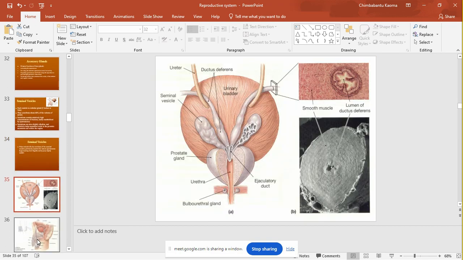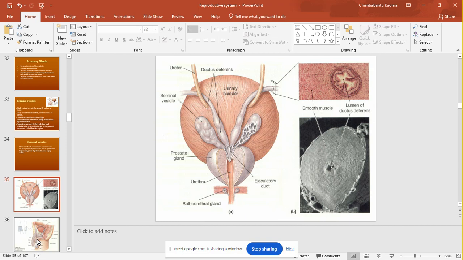Of course it's a much more complex process, but as a way to remember it, you may think that before the spermatozoa meets the secretion from the seminal vesicles, it was starving. It didn't have the fructose, didn't have the food. But once it gets the food, it now becomes very active and ready for action.